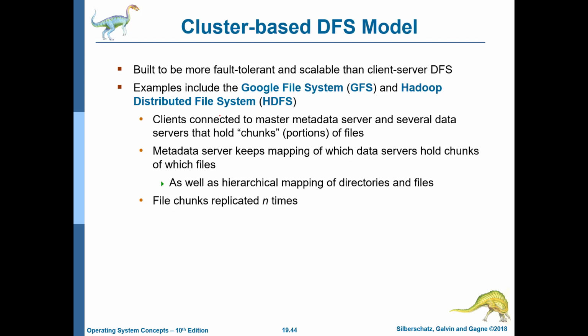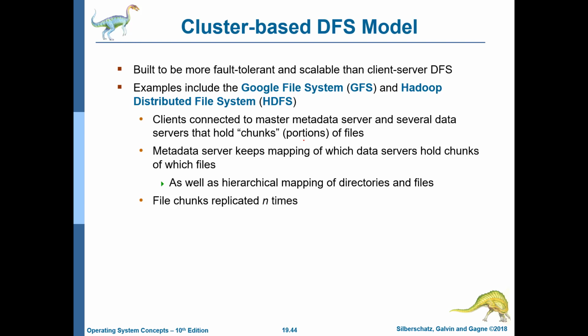So in this case, there is of course one master metadata server, but need not be. There could be several master metadata servers as well. And there is no centralization in the sense we have several data servers that hold chunks or portions of files. And there is a fair amount of redundancy in the system in the sense if one data server goes down, others can take over.